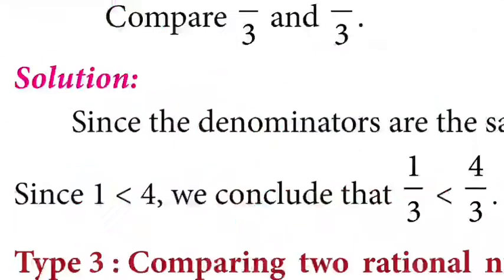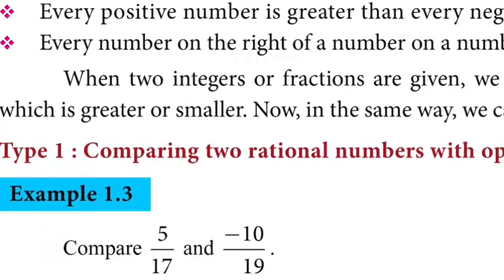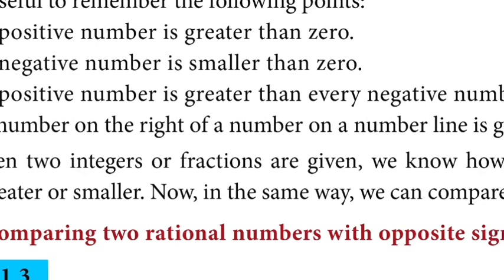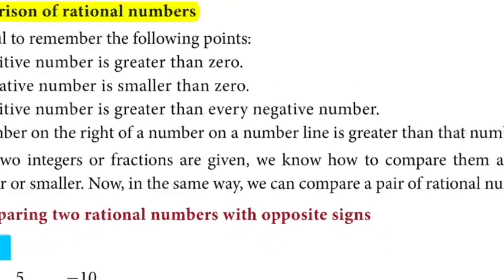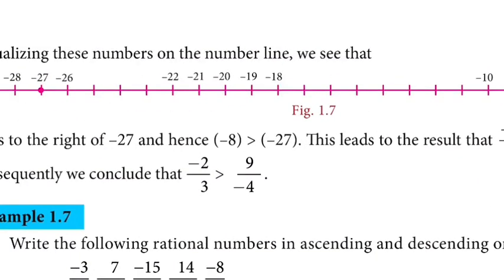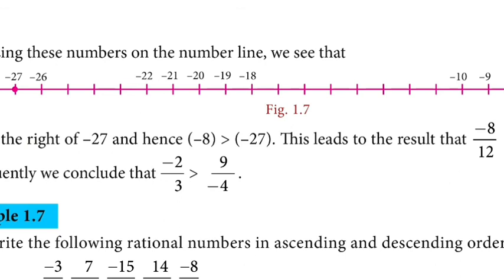As per the definition of comparing rational numbers, every number on the right of a number on a number line is greater than that number. So the right side number is greater. Here minus 27 is on the left side, and on the right side of minus 27 is minus 8. Therefore minus 8 is greater than minus 27, which means minus 8 by 12 is greater than minus 27 by 12.